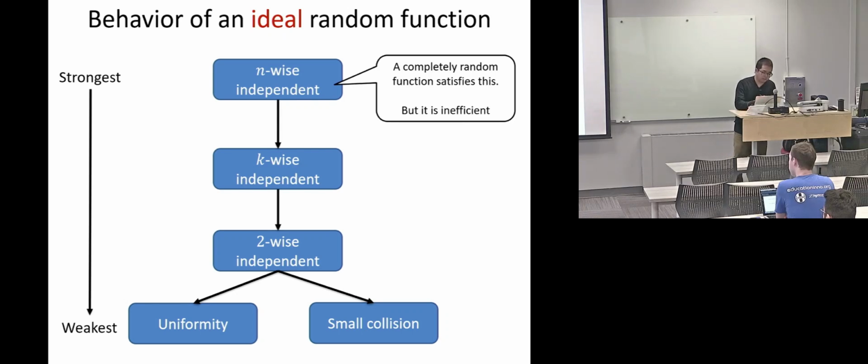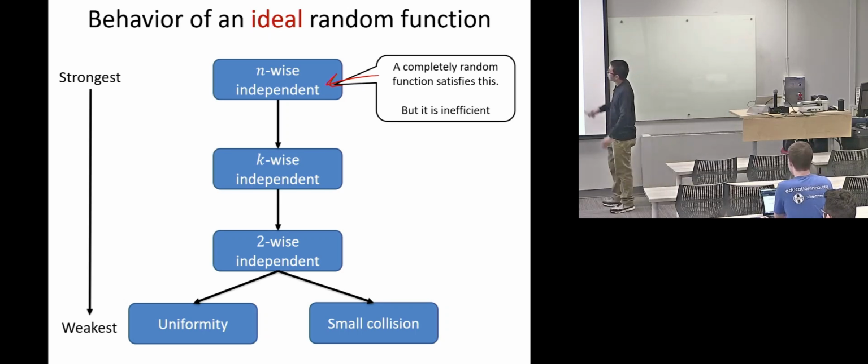A completely random function would be n-wise independent. That is what it means to be completely random, actually. But n-wise independent implies (n-1)-wise independent implies k-wise independent implies 2-wise independent, and 2-wise independent implies these two actually.